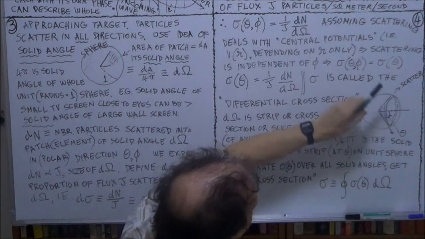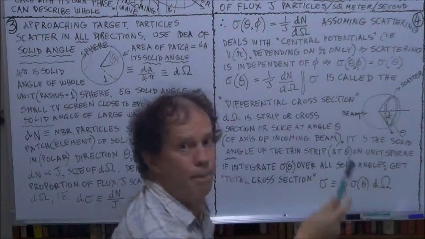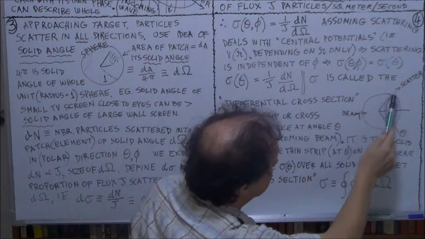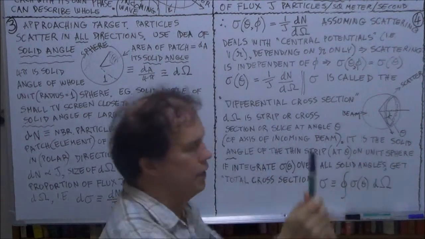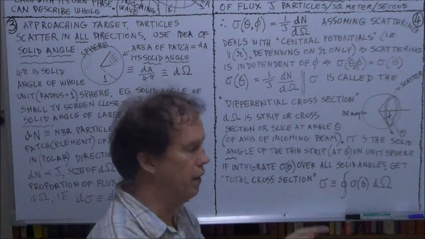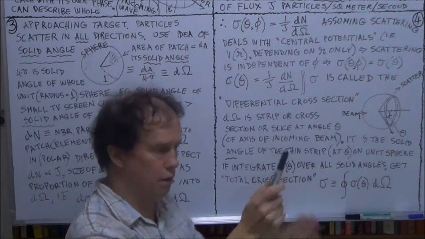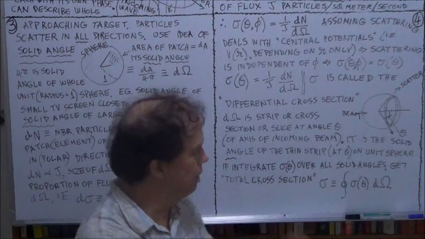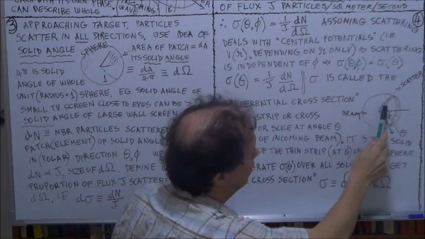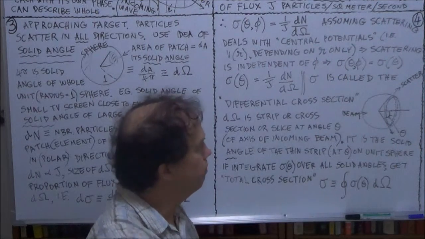of constant angle theta. So here's a unit sphere, and this strip. Take your machete, take a melon of radius 1, and cut it twice. So you get a very thin slice of your melon.